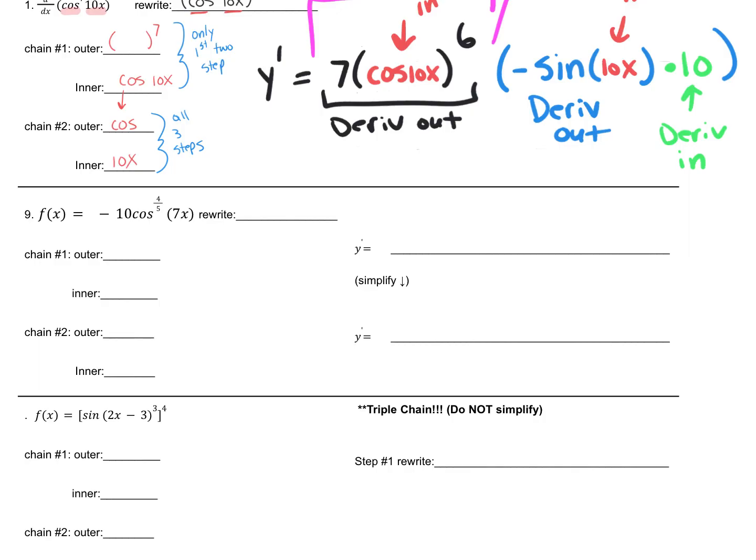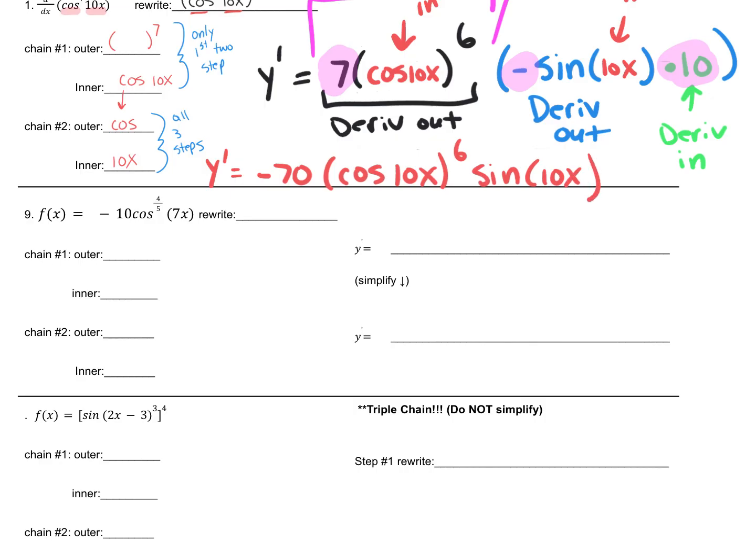When we simplify it, here's what has to go out front: the coefficient 7, the coefficient -1, and the coefficient 10. So our final best full credit answer, y prime, if we multiply those 3 together, we get -70 out front. We still have the cosine of 10x to the 6th, and we still have a sine of 10x.